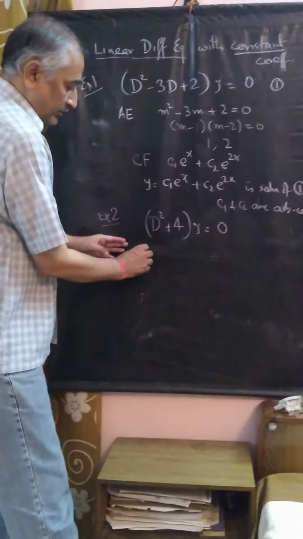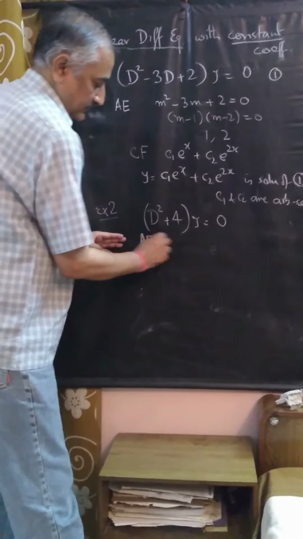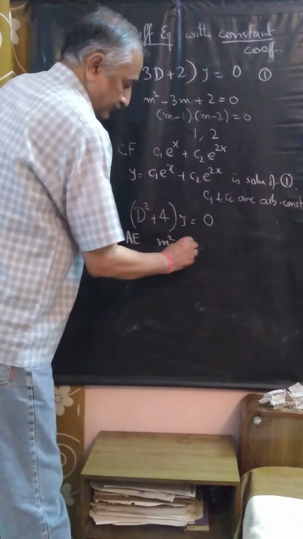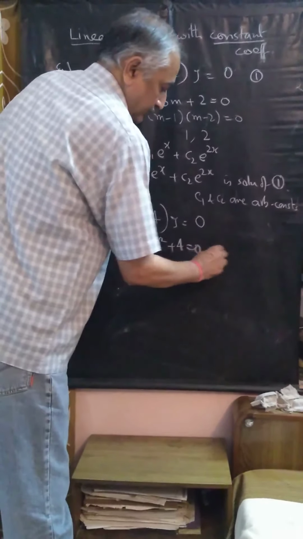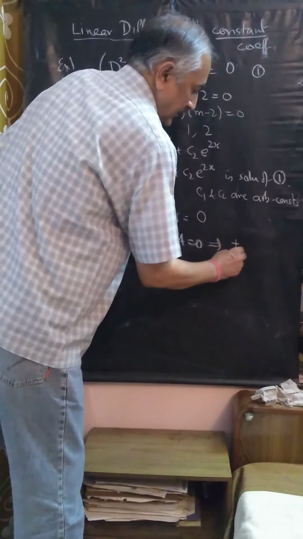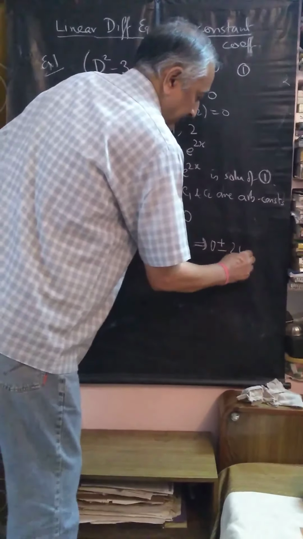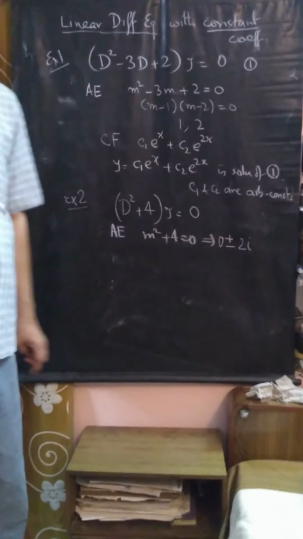So again the auxiliary equation is m squared plus 4 equal to 0, and this will give me two roots which are 0 plus minus 2i.